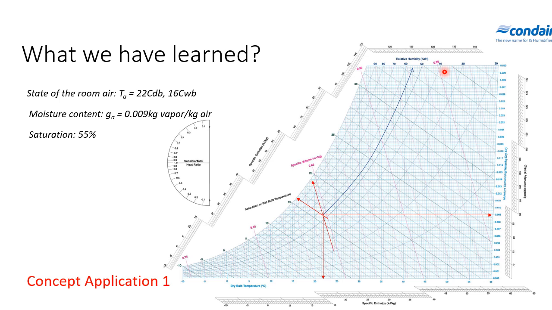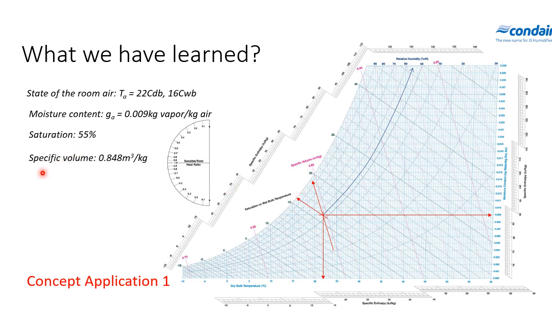Now let's move on. If we draw a parallel line to the specific volume lines, we find this line is very close to 0.85 cubic meter per kilogram, and the next one here, this line here vaguely, is 0.84. So you can say this is very close to 0.85 rather than 0.84.